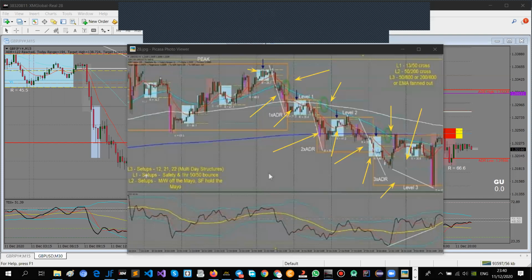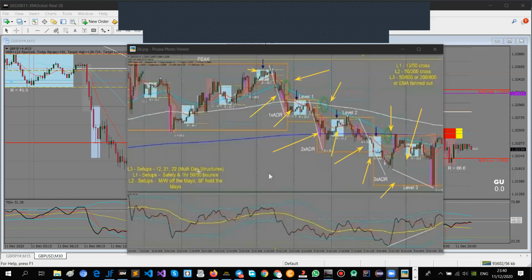So for level one, the setups that we take from level one, we have the safety trade. We talk about that in a particular video on its own. We have the H150 bounce. We talk about that. Those two are the setups that we look for on H1.